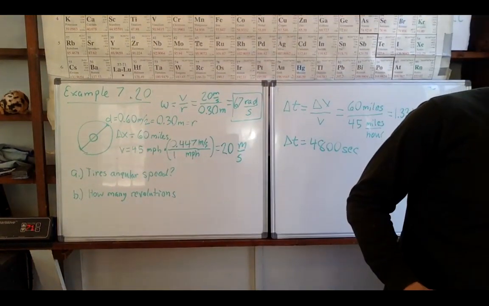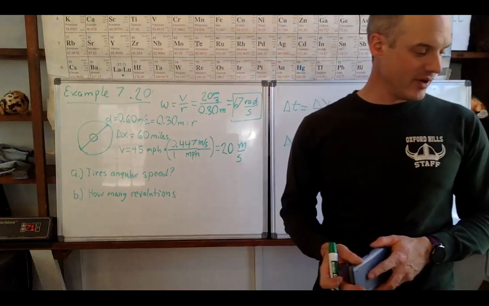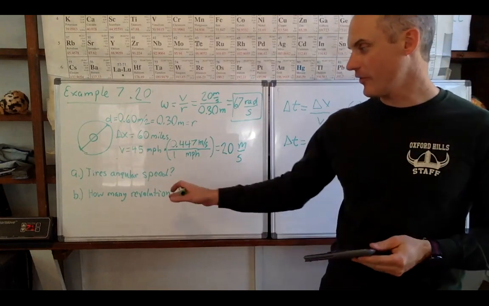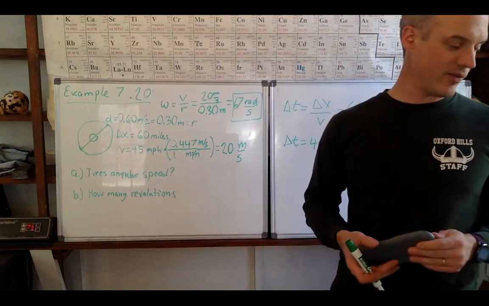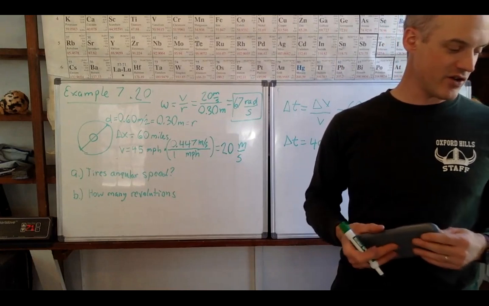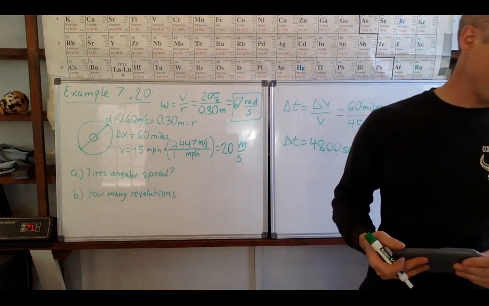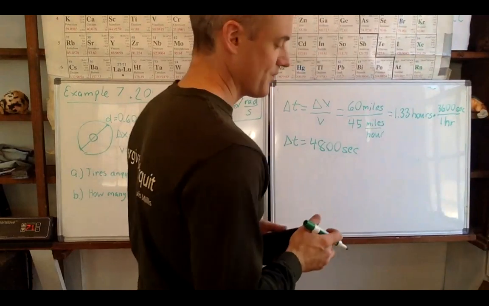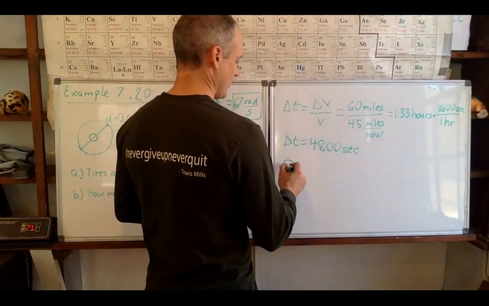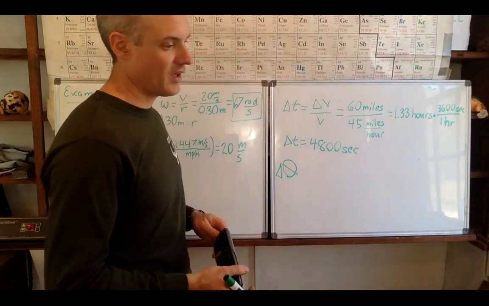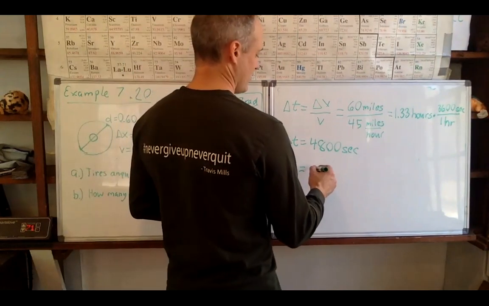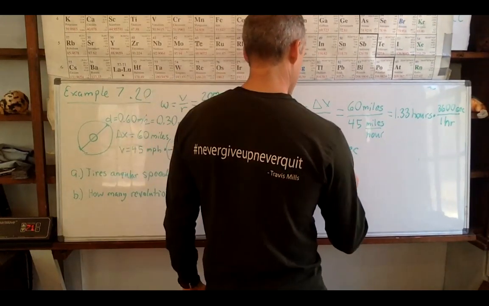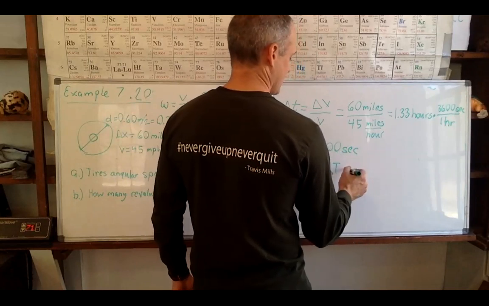All right, so knowing that, we can then find out the amount of radians that you would cover, because we're trying to figure out how many revolutions that is, how many turns we have of the wheel. So let's figure out how many radians total we have for that trip. You're looking for your delta theta, which is equal to your angular velocity, your W, times the change in time, delta t.